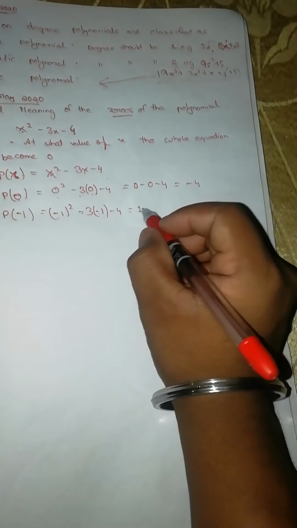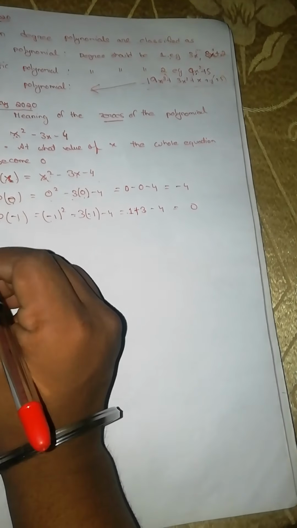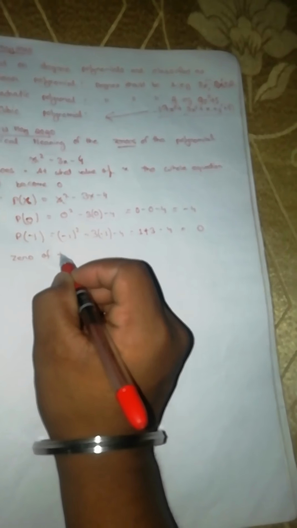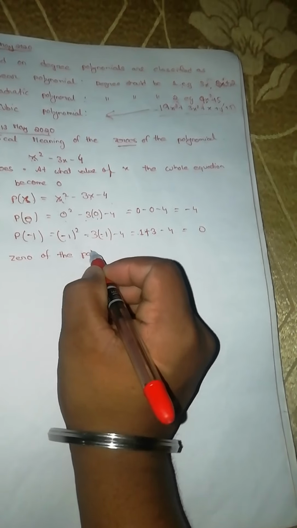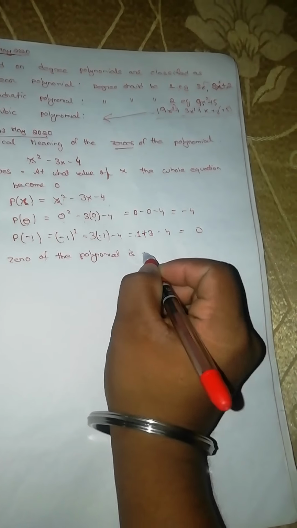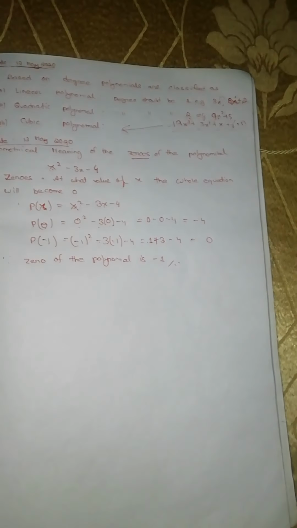Minus 3 times minus 1 is plus 3. 3 plus 1 is 4. 4 minus 4 is 0. So we can say that the zero of the polynomial is minus 1. Understood?